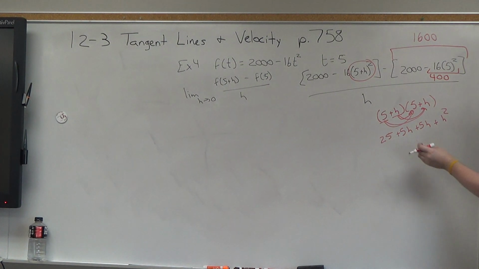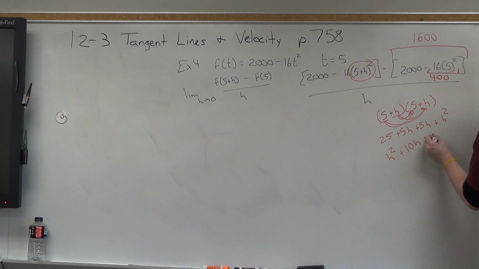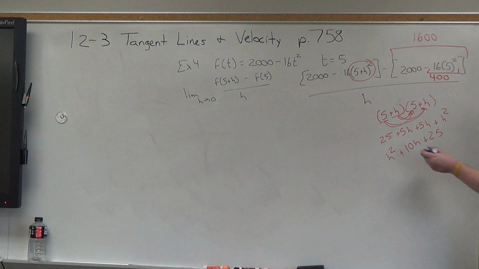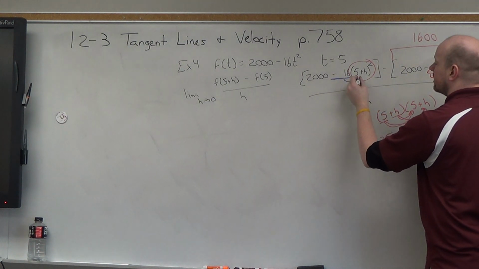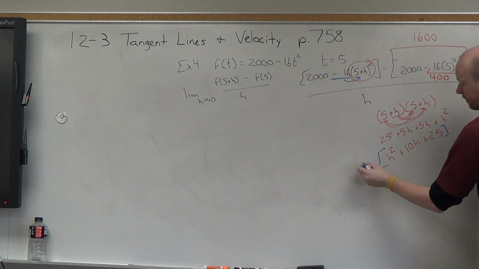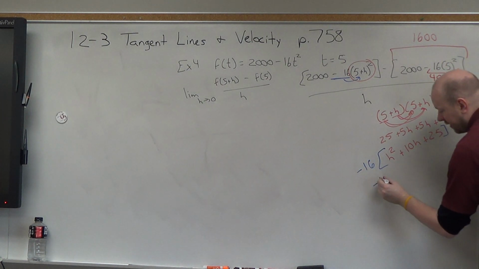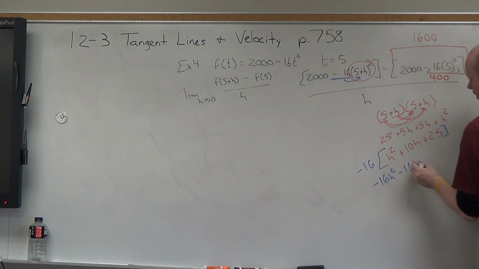I'm just going to reorder and combine terms, so h squared plus 10h plus 25. Now again, the important thing is I'm not quite done with this because it's negative 16 times that expression. So I'm going to multiply everything times negative 16. So I get negative 16h squared minus 160h.